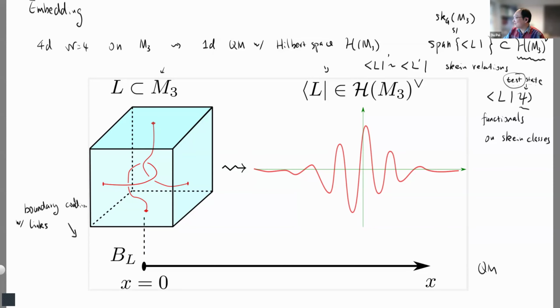So these are states in the Hilbert space. Yeah. So for any such state, one can pair that with those states given by a link. And one can use this to separate skein classes.